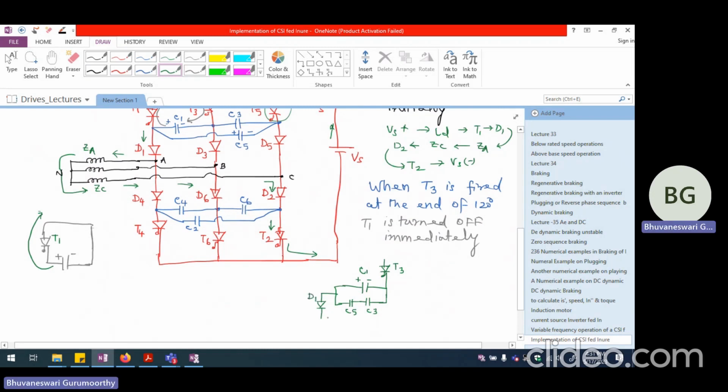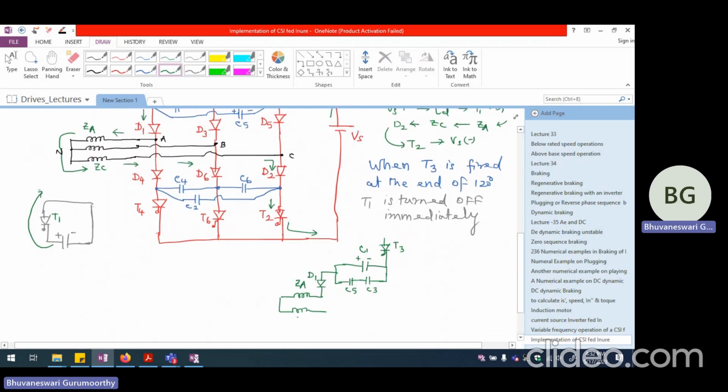Now, from D1, it is going to go into A phase. So this is going through ZA, and the rest of the path where it is returning, that is ZC and D2 and all, that is not going to change at all. So that is going to go through D2 and T2. So that will remain the same way.